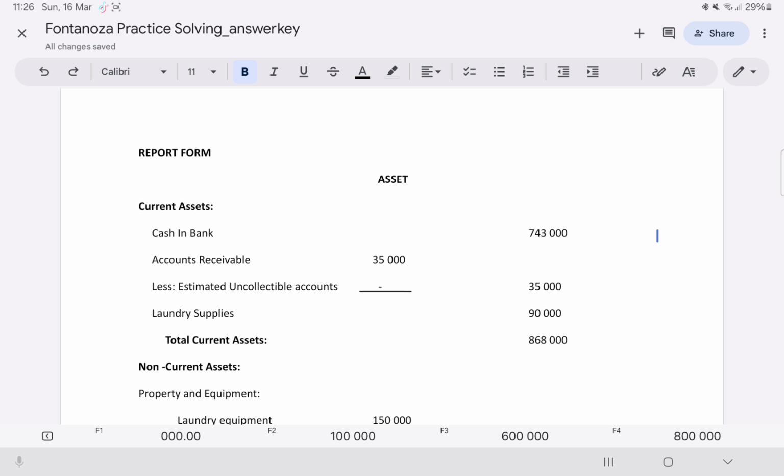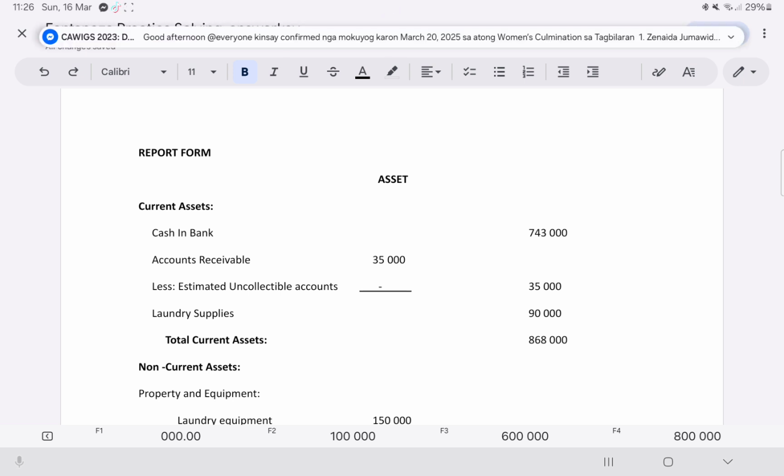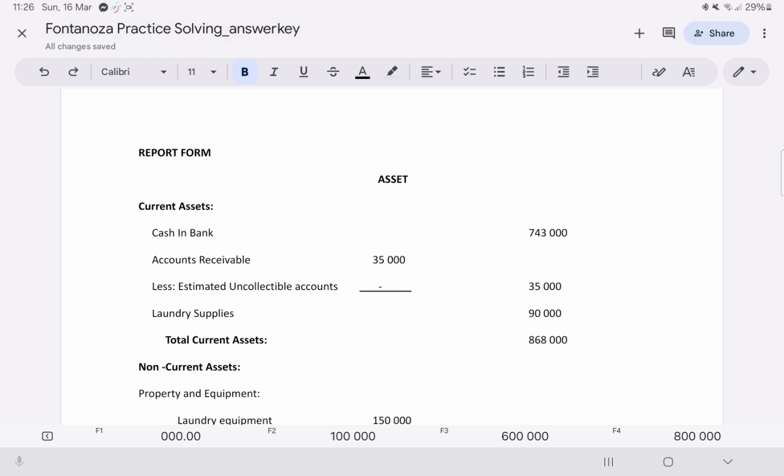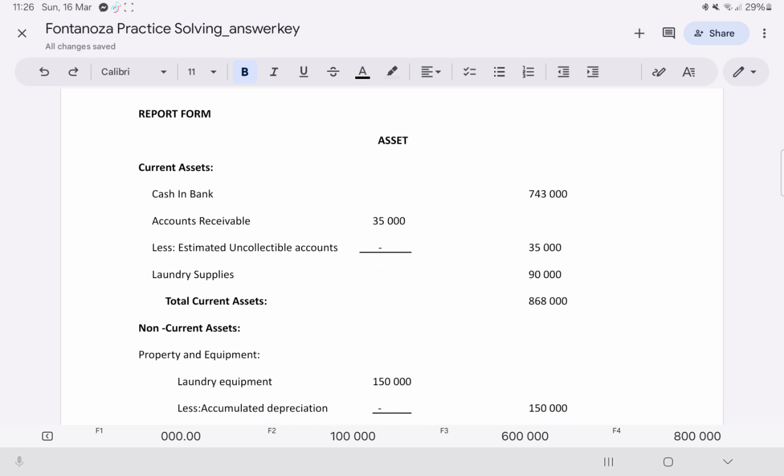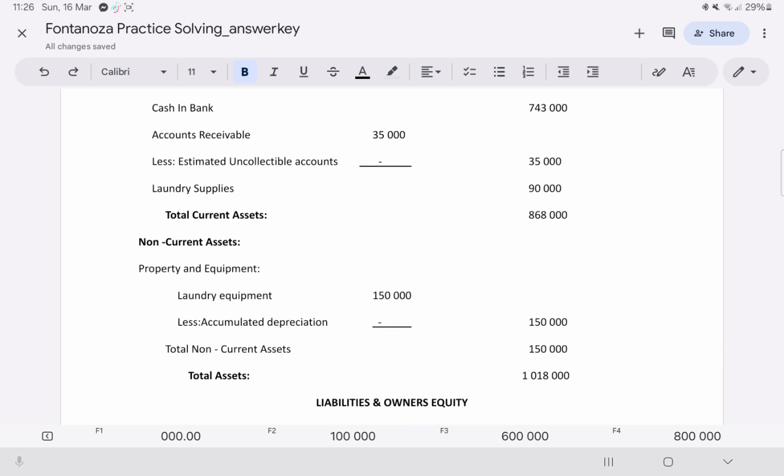Sometimes you are really hesitant or confused, so you check the general journal, general ledger, trial balance, and statement of comprehensive income. Maybe there will be some errors in computation and the statement of changes in equity. Okay, so try to analyze where we get mistakes.